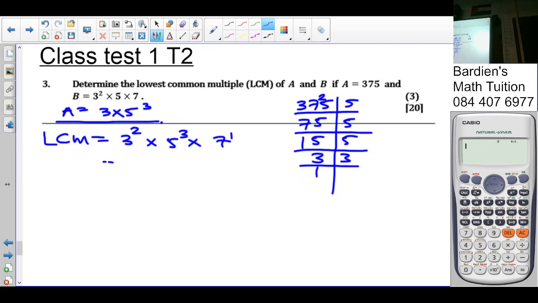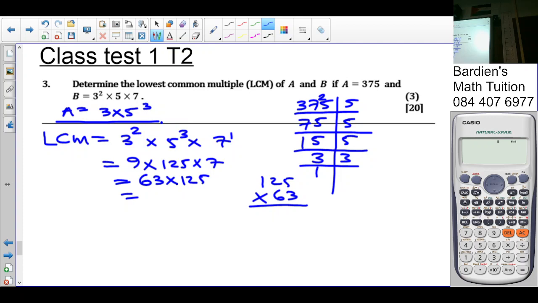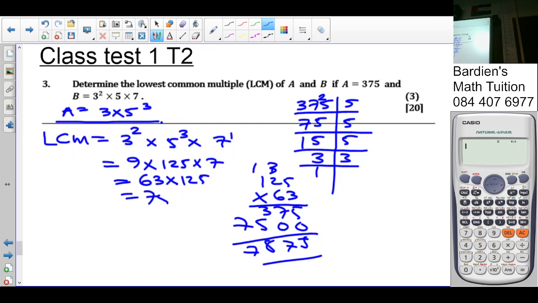If you want, you could have worked it out. It's going to give you 9 times 125 times 7. 9 times 7 is 63. So it's 125 times 63. That gives 7875.